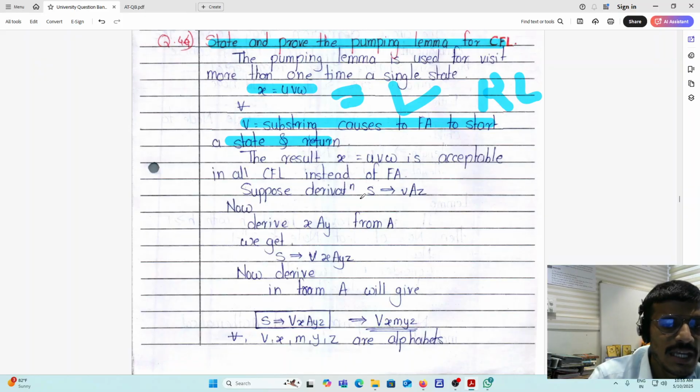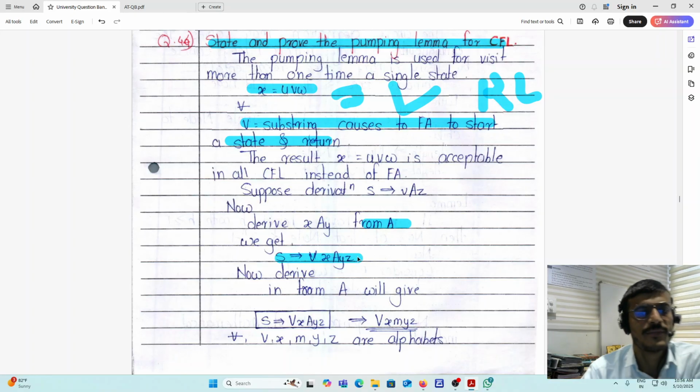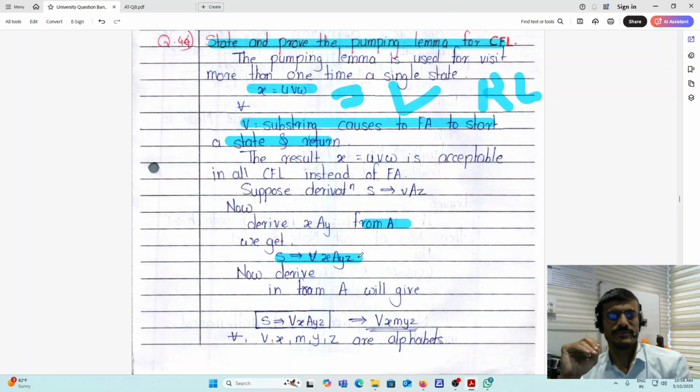Suppose the derivation is S derives uAz. Now derive xAy from A. We get S derives uxAyz.